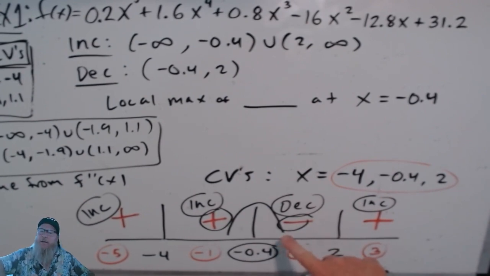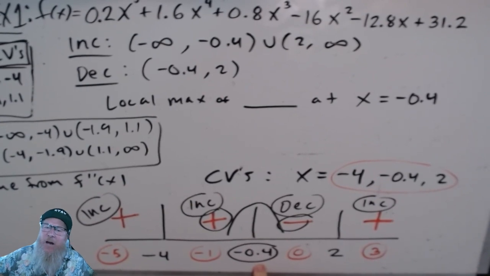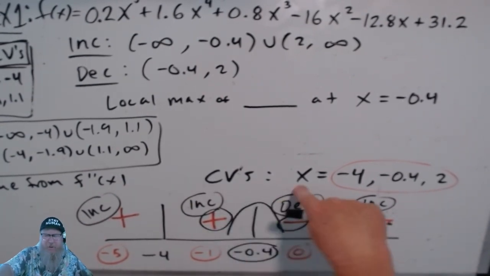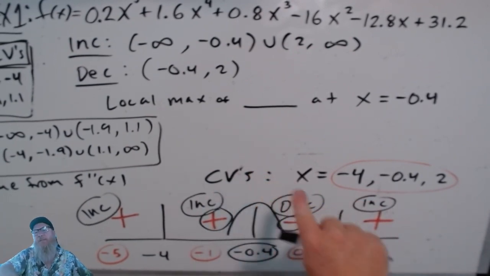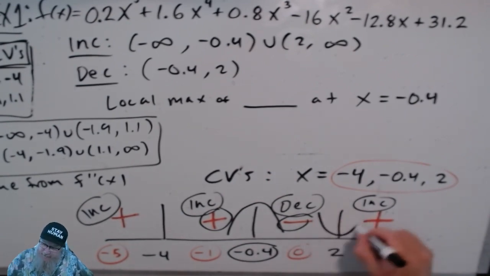I already erased my second derivative, but if I had plugged this number into my second derivative, I would have gotten a negative number, which means it's concave down. Or you could just use the first derivative test. It tells you the same thing. It's going from up to down, so that's a max. This one's going from down to up, so this one's a min.